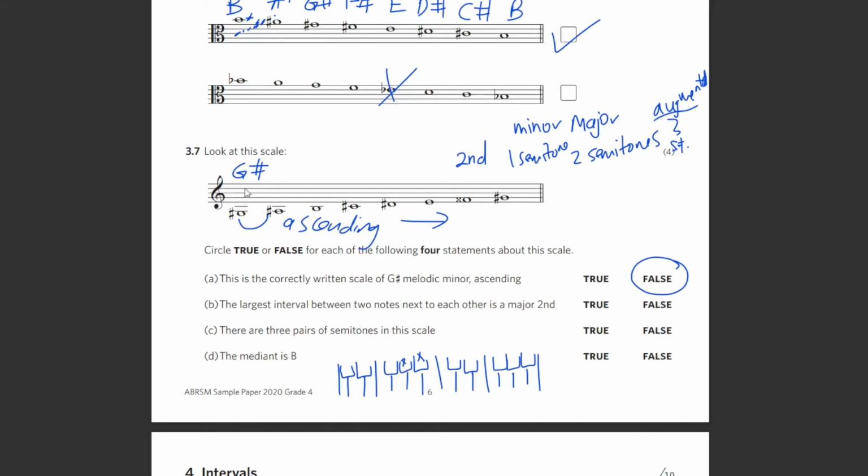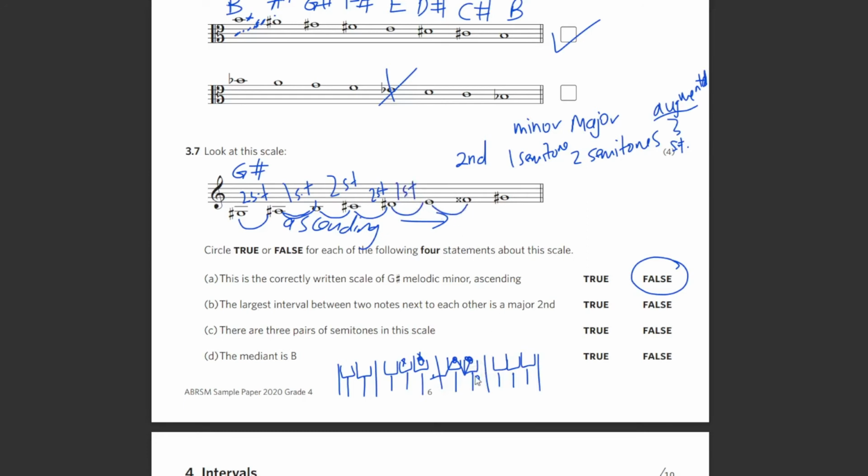A sharp to B is one semitone. B to C sharp, two semitones. C sharp to D sharp, 1, 2, two semitones again. D sharp to E, one semitone.